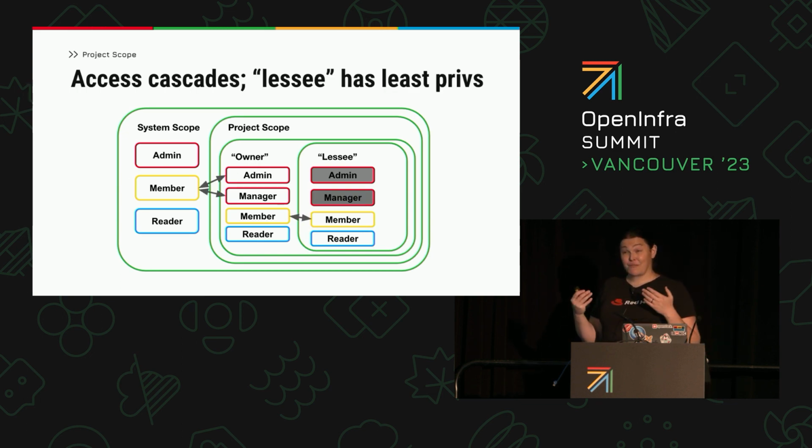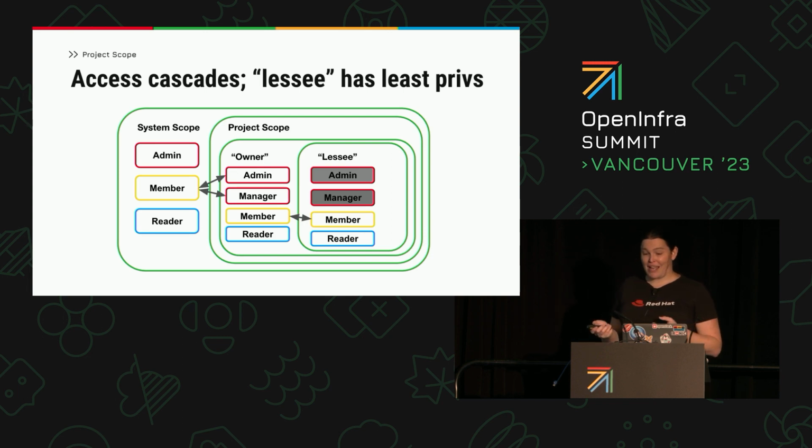To further explain how the access is modeled, a system scope member is very similar to an owner admin or manager. And a member for a project scope owner is very similar to a project scope lessee member. In reality, there really aren't that many admin things a lessee can do on the API, or a manager for that matter. It's restricted.